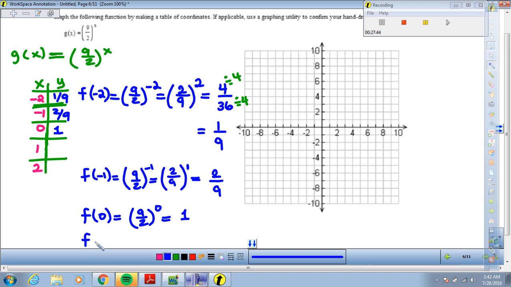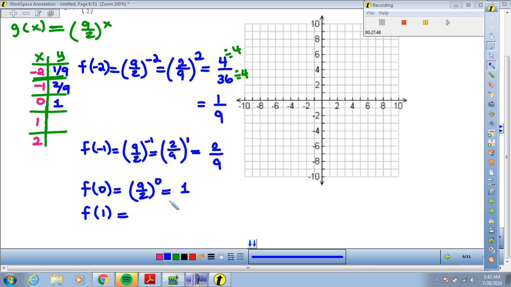Then we have f of 1 equals 9/2 to the first power, again. 9 raised to the first power is 9, 2 raised to the first power is 2. I probably didn't put enough emphasis, but anything raised to 0, the answer is 1.